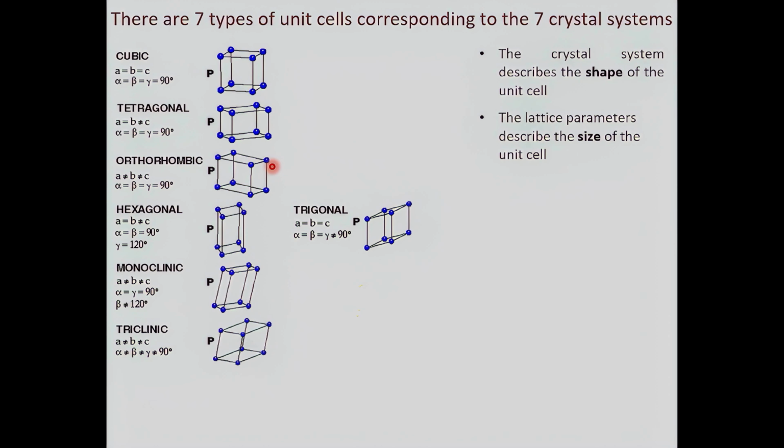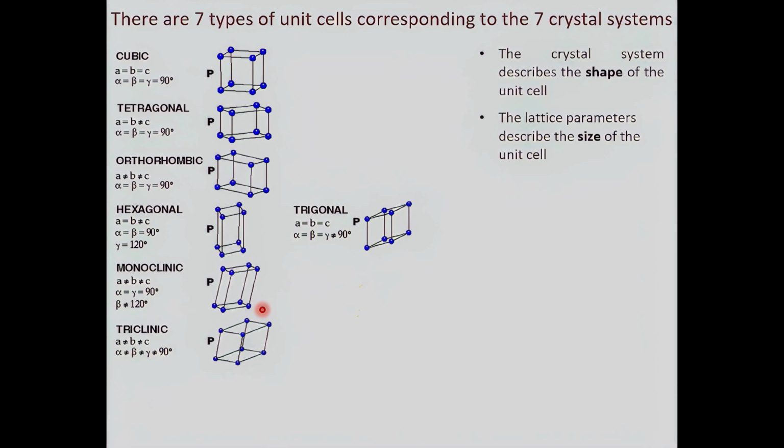Each crystal system has a specific and unique relationship between a, b, c and alpha, beta, gamma. If you are in a cubic crystal system, a must be equal to b, equal to c, and alpha must be equal to beta, equal to gamma, equal to 90 degrees. In this case, we can say that the crystal system defines the shape of your cell. You can see how this changes.